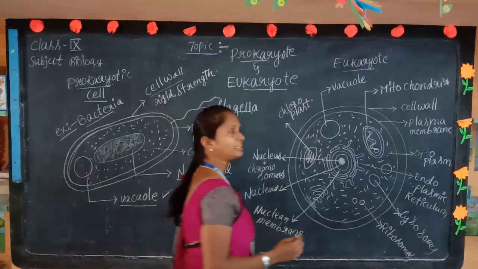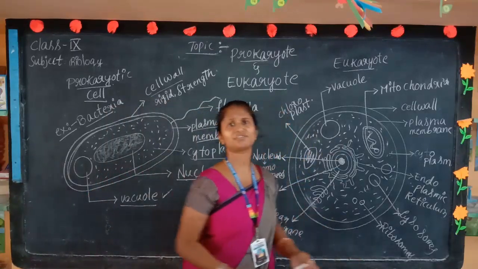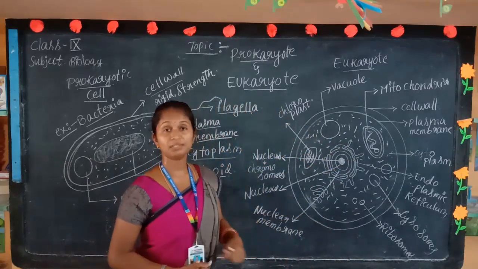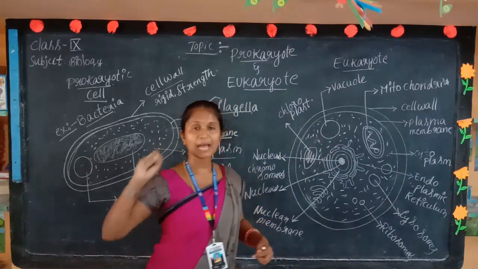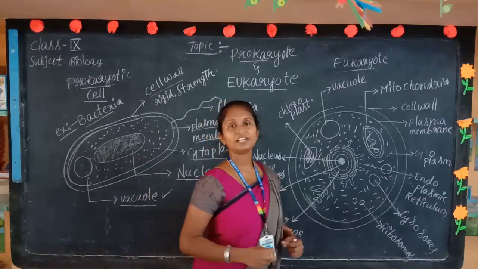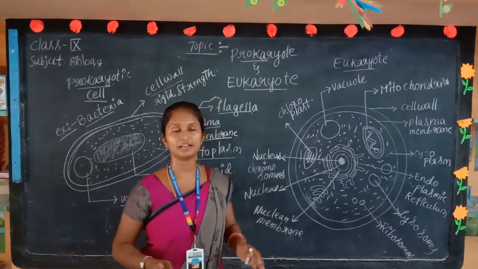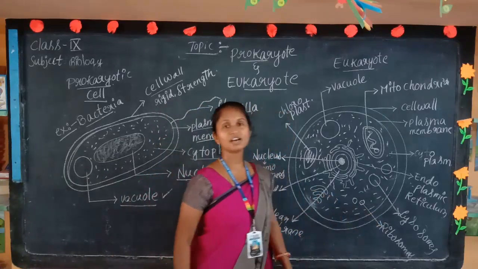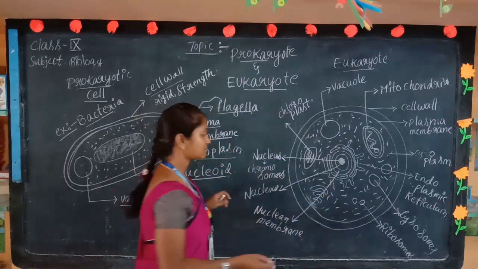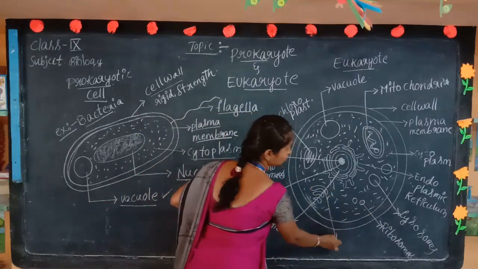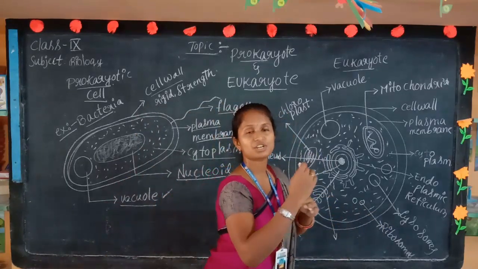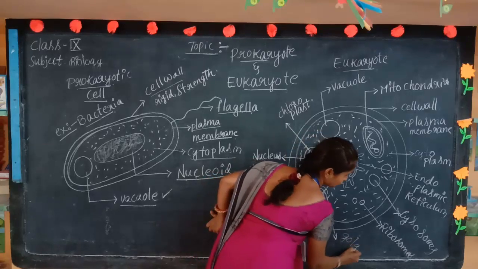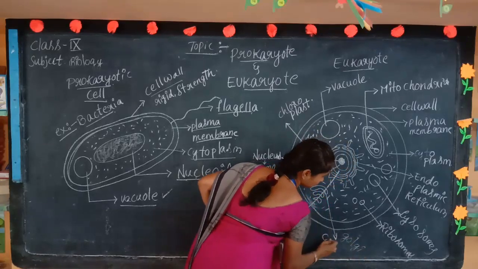If any foreign material, any infection, any virus came near your cell, at that time these lysosomes capture that infection and burst to kill it. That's why we call lysosomes the suicidal bags of a cell. And next, 2 or 3 folds, cup-like structures, are nothing but the Golgi complex. What is that?